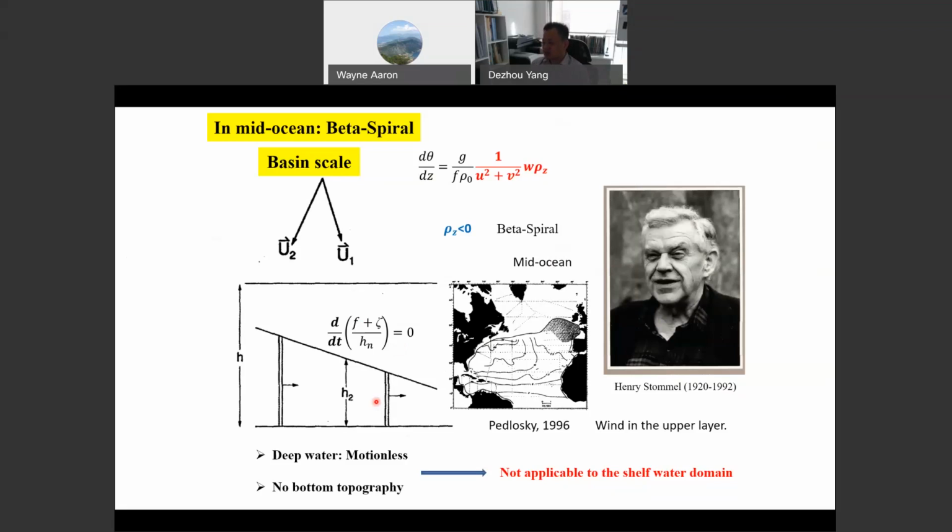The angle is mainly caused by the wind stress curl in the mid-ocean. But in his theory, he assumed that there's no bottom topography. It means the seafloor is flat, because in the mid-ocean, the water depth is very deep. So his assumption is very reasonable.